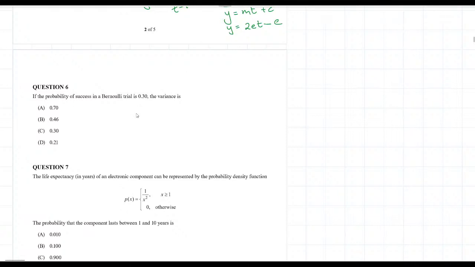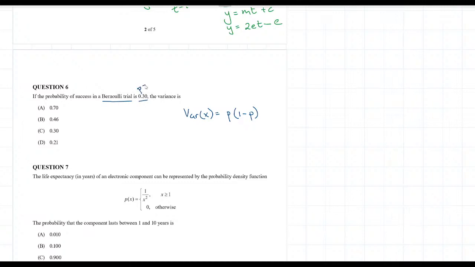All right, let's look at question 6. If the probability of success in a Bernoulli trial is 0.3, the variance is. All right, so for a Bernoulli trial, the variance is given by doing p times 1 minus p, where p is the probability of success.